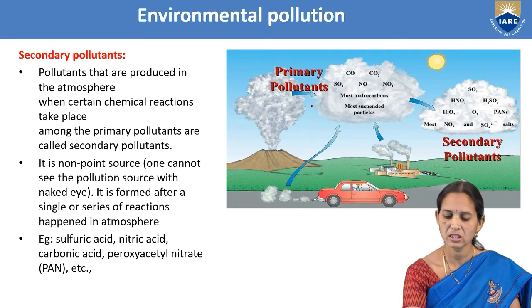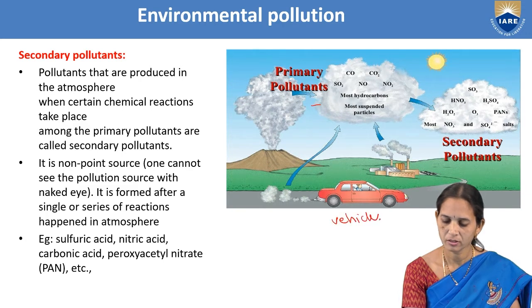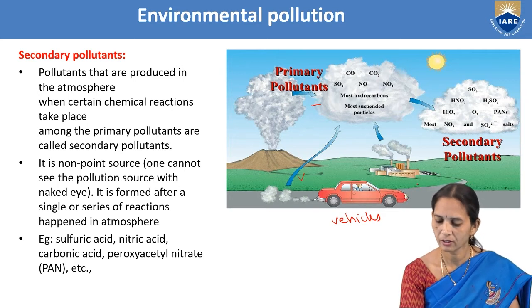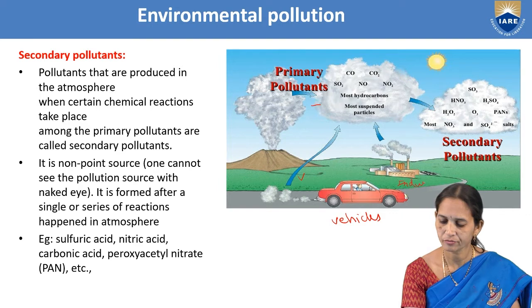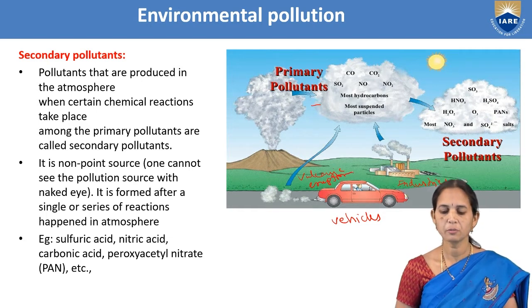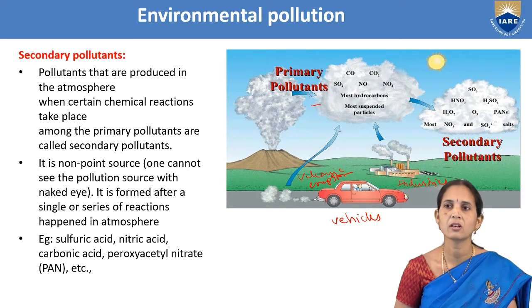In the diagram we can see clearly, the primary pollutants are coming out from vehicles, from volcanic eruptions, and from industries. So all these are called primary pollutants which are coming out from industries as well as from vehicles and some volcanic eruptions also.